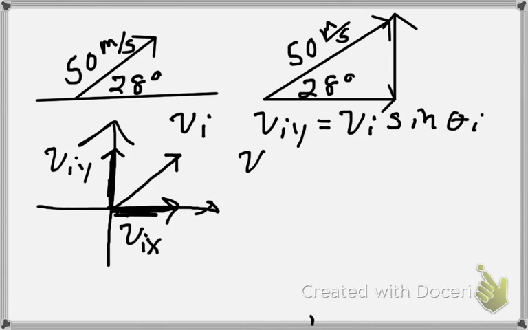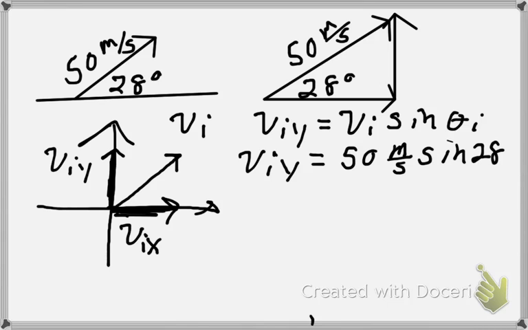So velocity initial in the y will be 50 meters per second times the sine of 28 degrees, which is 23.47 meters per second.